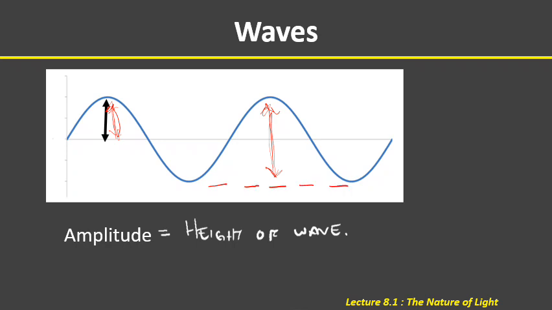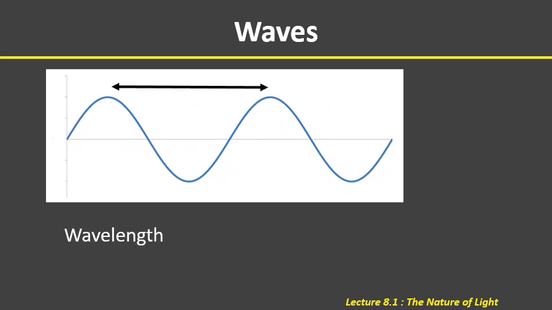Amplitude is not something that we're really going to be concerned with here. I'm just mentioning this because we're talking about properties of waves. That's one of the properties, but we won't actually use amplitude in our discussion.